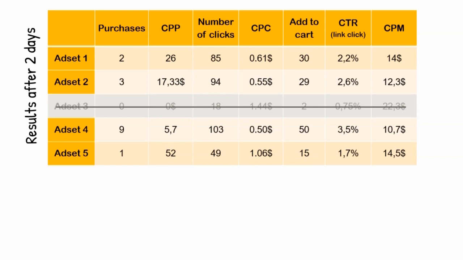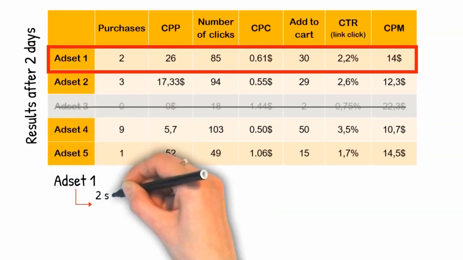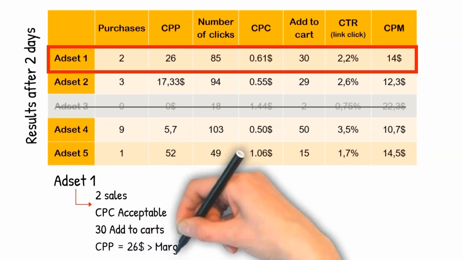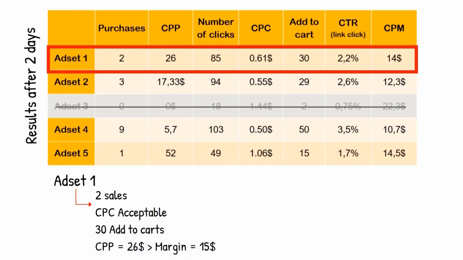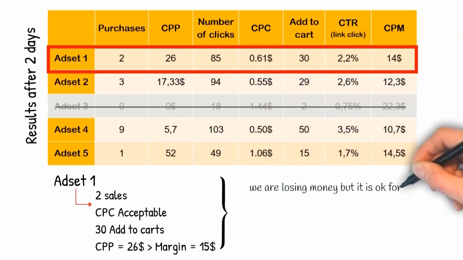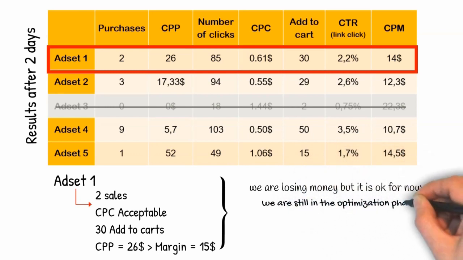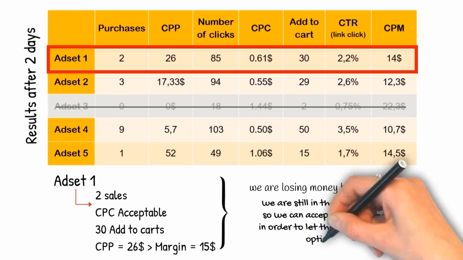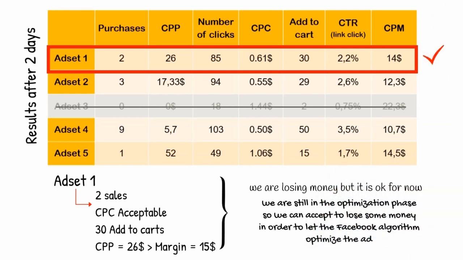After 2 days, we can see 2 purchases for the ad set 1. That's why it was wise to keep it, because the CPC is acceptable and we have seen a lot of add to carts. But our CPP now is $26, which is higher than our margin, so we are losing money. But it's okay. For now, we are still in the optimization phase, so we can accept to lose some money in order to let Facebook algorithm optimize our ads.